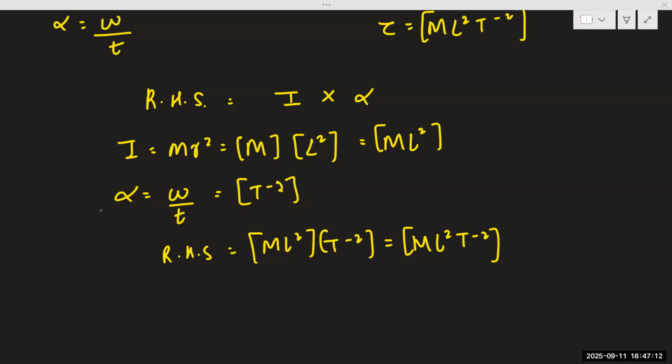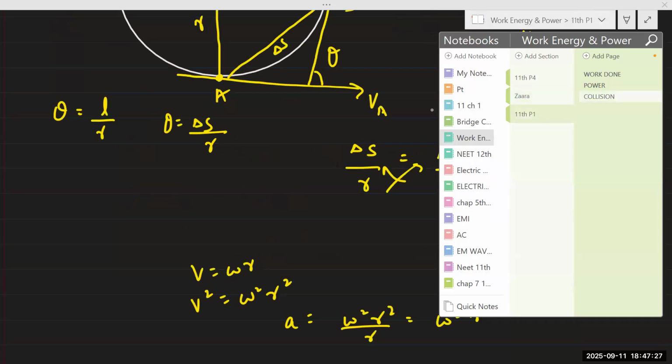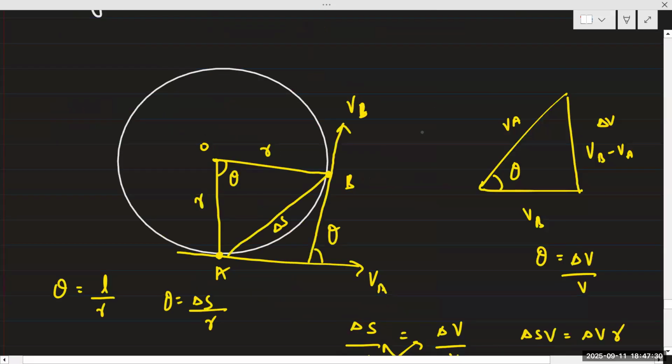Centripetal acceleration and angular speed: a is equal to omega square r. Okay, I'll tell you here now.